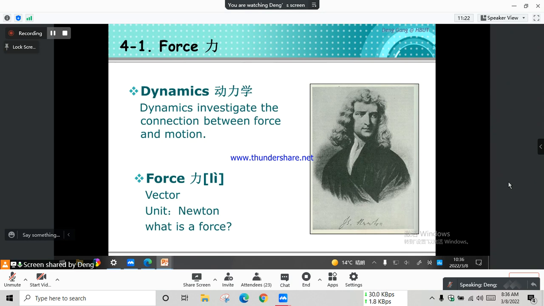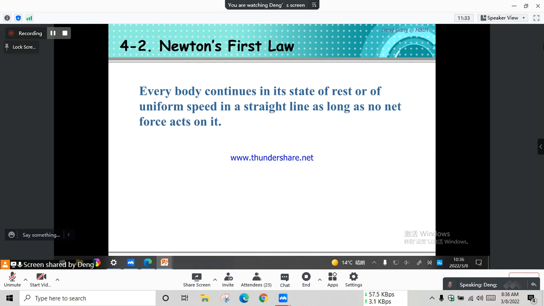But as we mentioned, what is a force? We know when we push some object, that is a force. But we need a scientific definition. So in order to define force, we actually need Newton's laws.